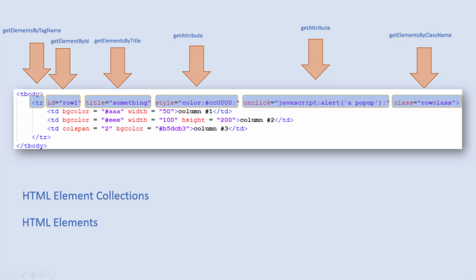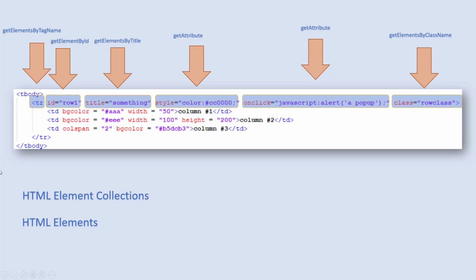And then we have single HTML elements, like elements having an ID. ID is unique, so this is one element. But with these plural forms, it means that you find more than one element with this title, or more than one element having this class name, or this tag name.